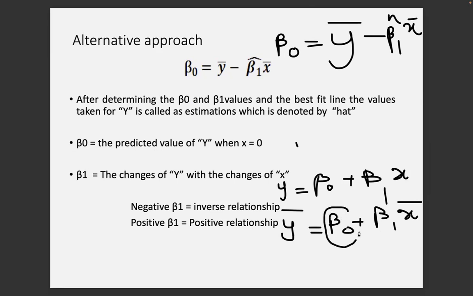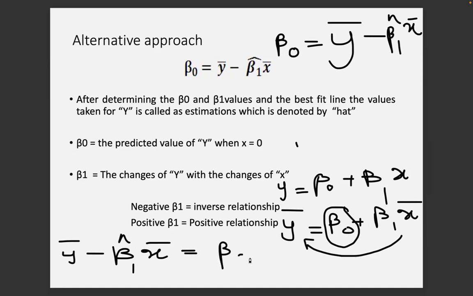We can take this beta 1 x bar to the other side. Then we have y bar minus beta 1 hat x bar is equal to beta naught. That's what we have. Is it clear how we get this equation?